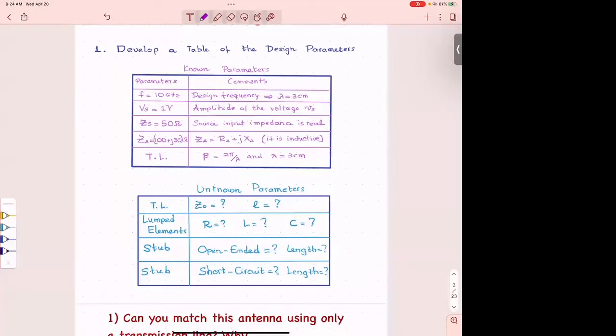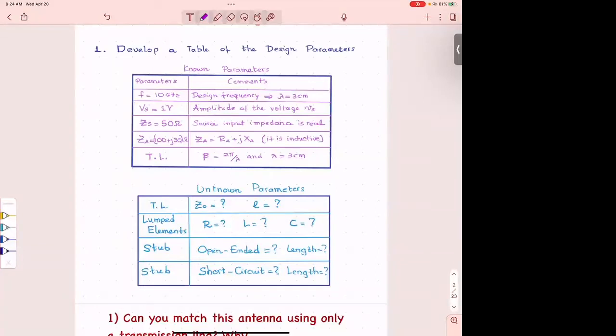Lumped elements. What do I mean by lumped elements? It could be an R, an L, a C, or a combination. If you say yes, you would have to select which. Any combination of these is a lumped element, because it's lumped. Stub, because I made reference to that. The stub is a section of line that can be either open-ended or short-circuited, but you have to specify if you decide to use it. Am I going to use an open end? And if I do, what is the length?